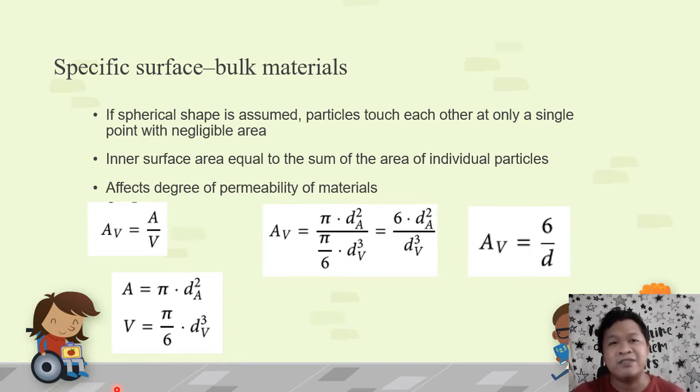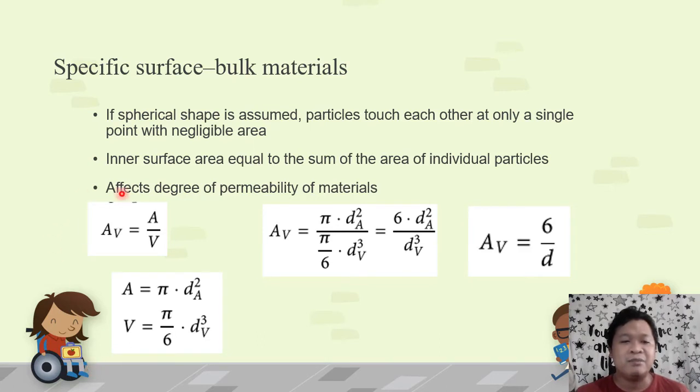Kasi wala kang surface area na nawawala dahil nagdidikit sila. Unlike for example, kung shape ng mga palms yung mga particles mo, okay, kapag pinagdikit ko yan, yung areas na to, tsaka ito, nawawala. Hindi na sila pwede mag-absorb, hindi na pwede doon mag-absorb yung whatever na dapat mag-absorb, no?